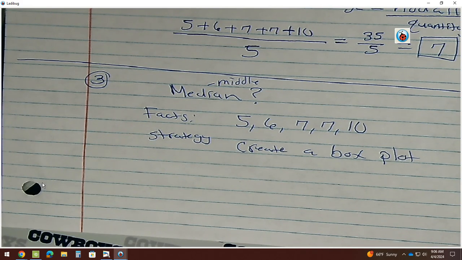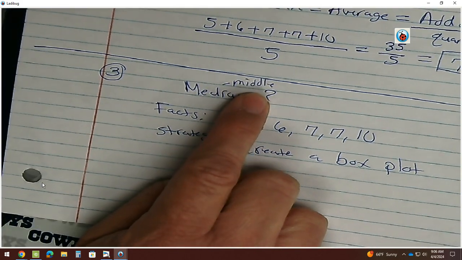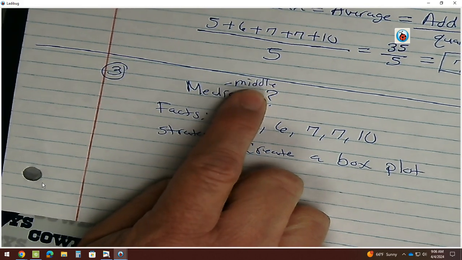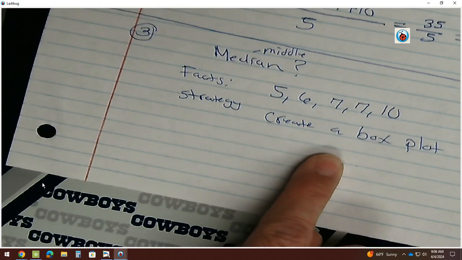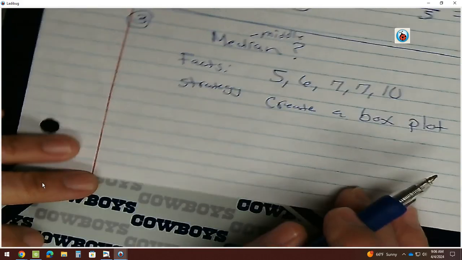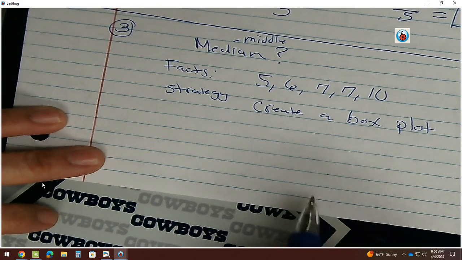Okay? Today I'm going to tell you how to create a box plot. Okay? It's also called a box and whiskers plot. So listen, if I see median, I need the one in the middle. And who's going to help me create that? The box plot. You ready? Here we go. Create a box plot. That's what you do. So here's how you create a box plot.